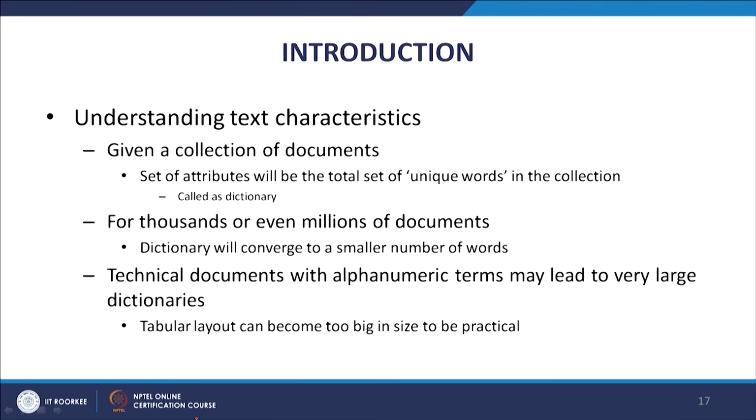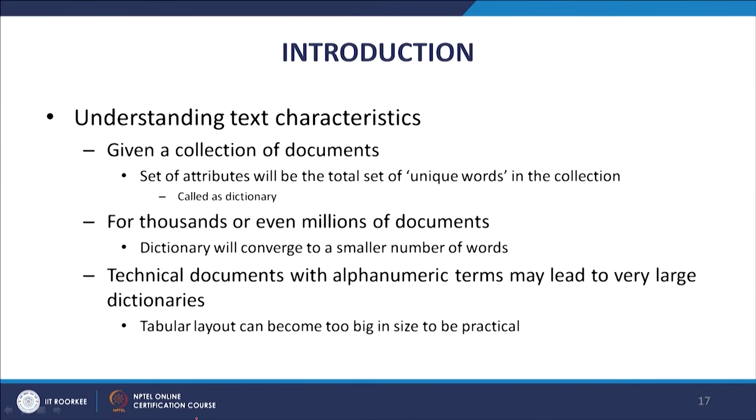So in the collection we might have tens of thousands of documents, and those documents are going to be composed of a set of unique words. So these set of unique words are going to be our set of attributes that is going to be used for our analytics in text mining.